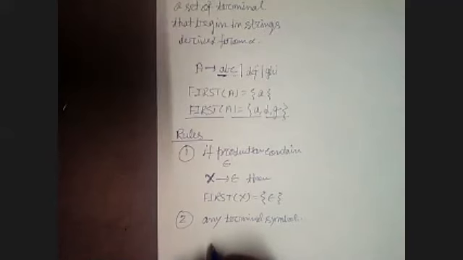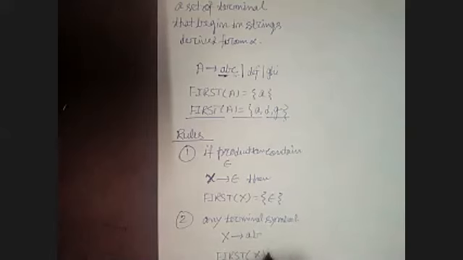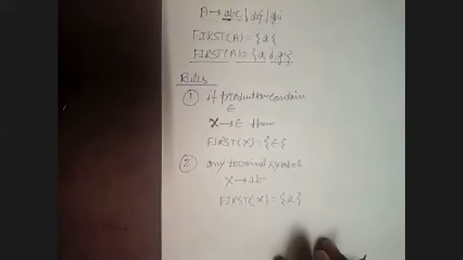So if in the beginning a terminal symbol occurs, then without any hesitation, we take that symbol as the first of that particular non-terminal symbol. Suppose we take our example, capital X tends to small a, b, right? Okay. So first of X is small a.